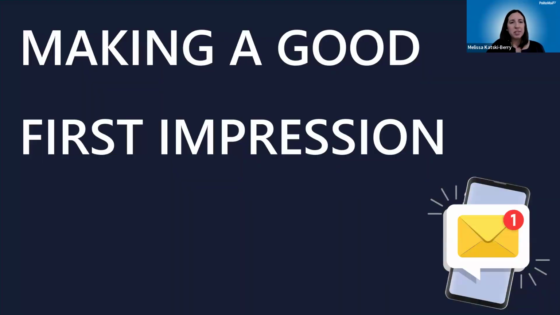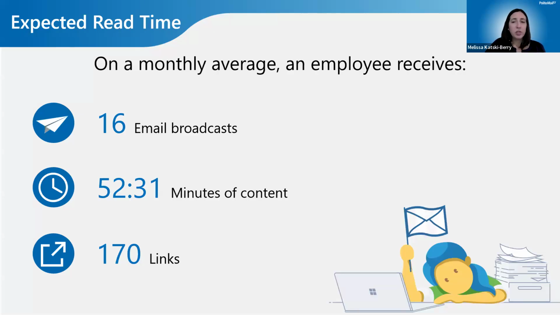And one of the questions we received during registration is, what's the best way to make people read your email? So our answer to that is to first make a good first impression. So why make a good first impression, and what does this mean? The why is because employees are already receiving so much content.